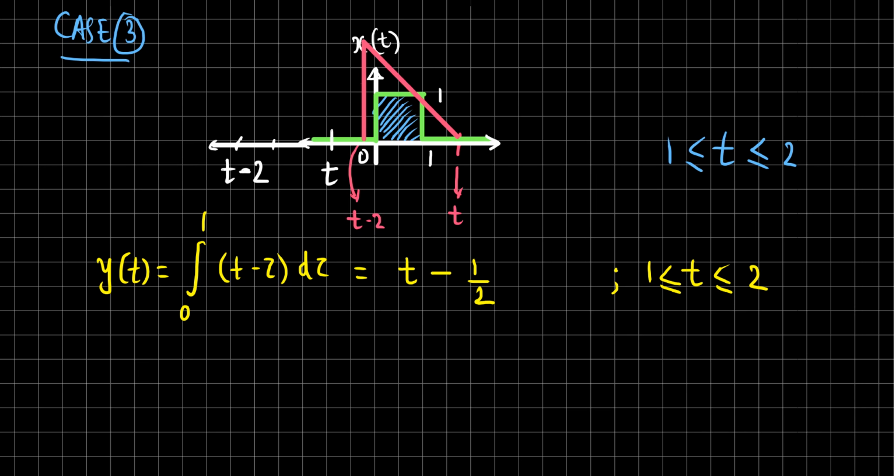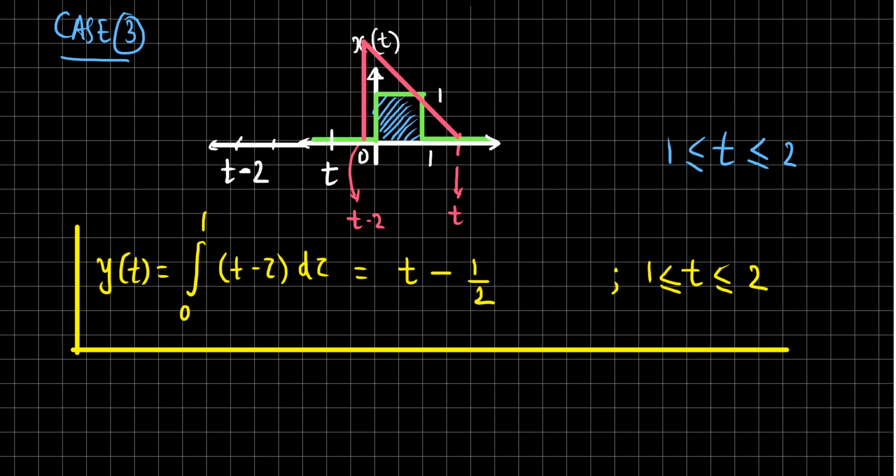Therefore, by solving this integration, we can see that the values are going to be t minus half. So this is valid only for the range of t being from 1 to 2.